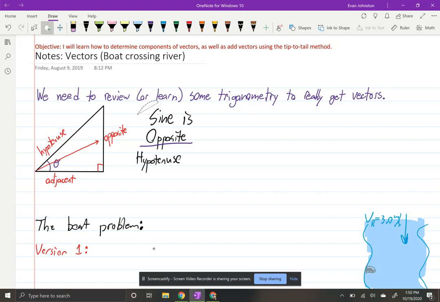This is where some of our colors come in handy. I'm going to do these in blue. So sine is opposite over hypotenuse, so we have SOH here.